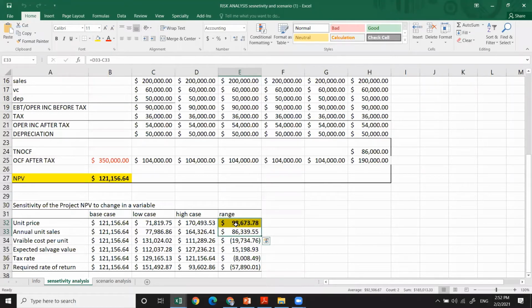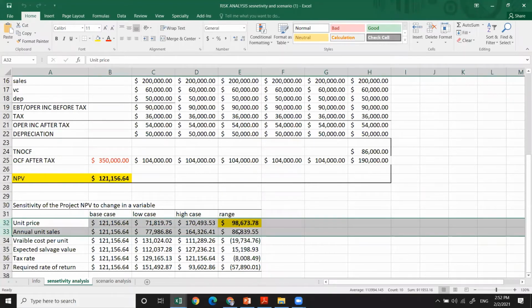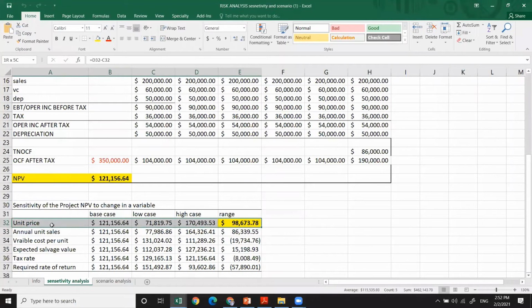Well, I would say that we should increase the unit price a little bit. Our base NPV is 121, for example, and in the high case we'll get $170,000 of NPV.